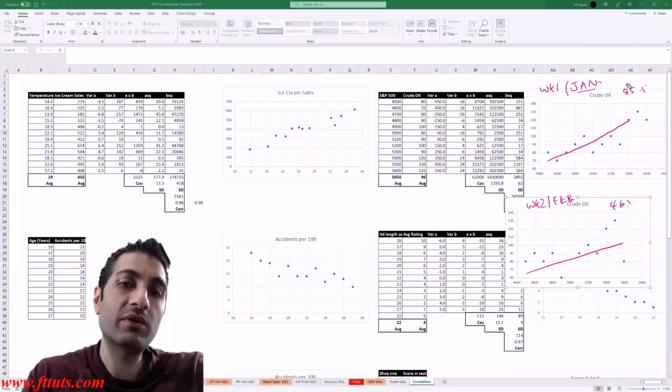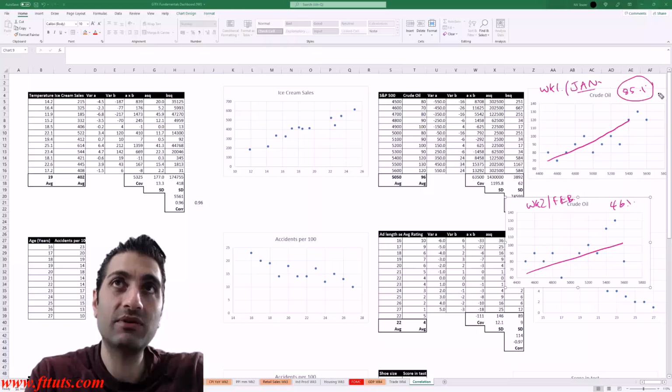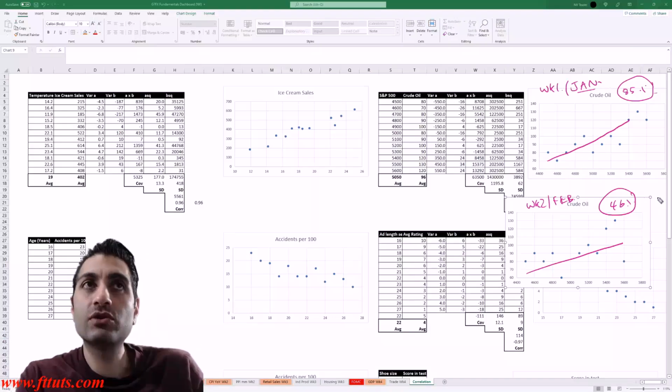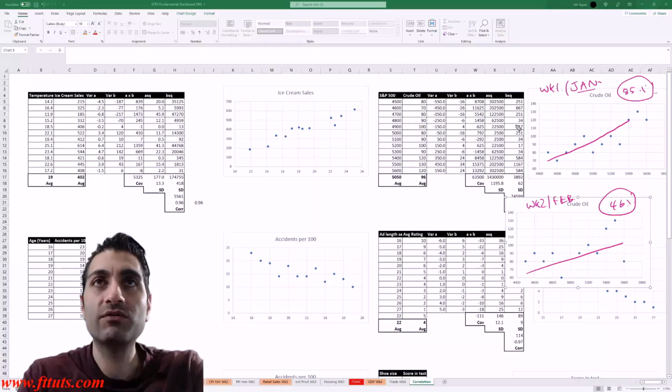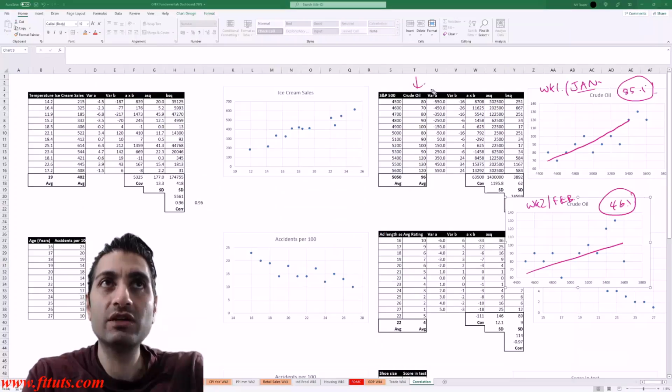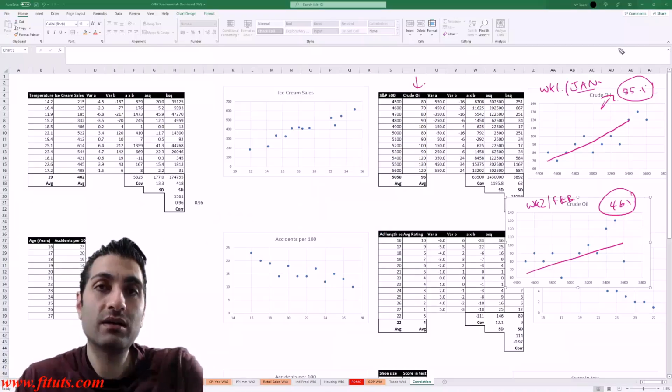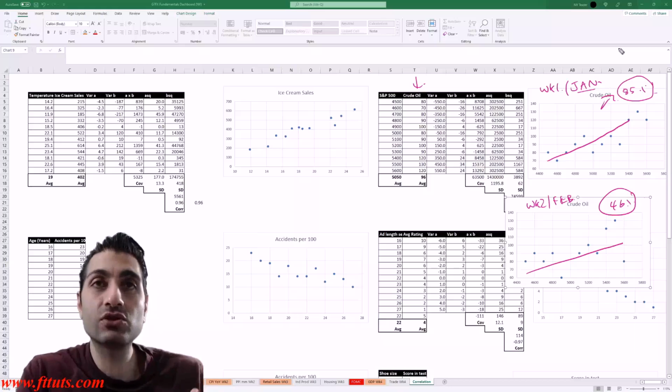Let's say I'm in January and I see the relationship is up at 85%. Straight away I can make a decision. If I see crude oil in January shoot up, wow, we've got 85% relationship strength. That is very powerful. I'm going to use that.